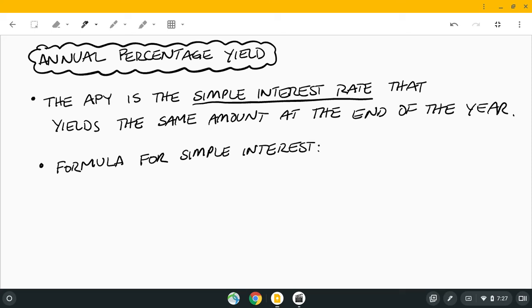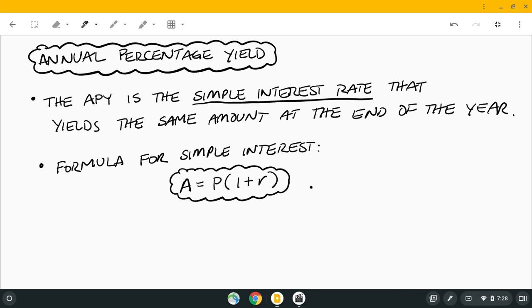The formula for simple interest is A equals P times 1 plus R. Here we're trying to find the interest rate for simple interest, this R value right here.